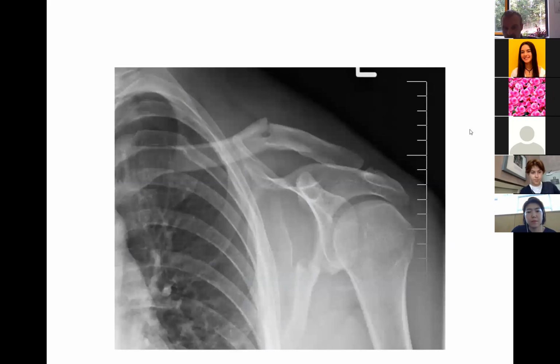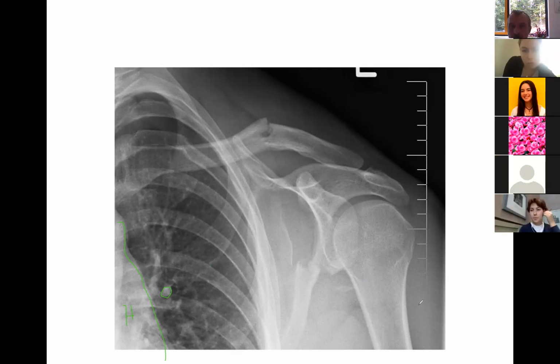Okay, now you tell me what is wrong in this X-ray. In the meanwhile, this is a heart. That's the heart. This is a transverse section through a vessel in the lungs. So what's wrong here? Clavicular fracture. Perfect. Fracture of the body of the clavicle.